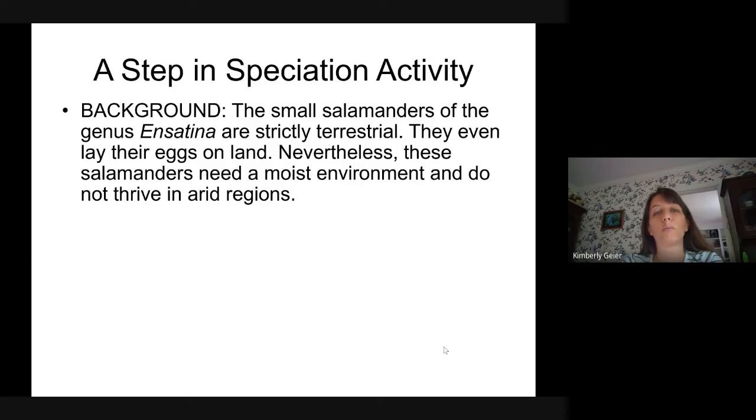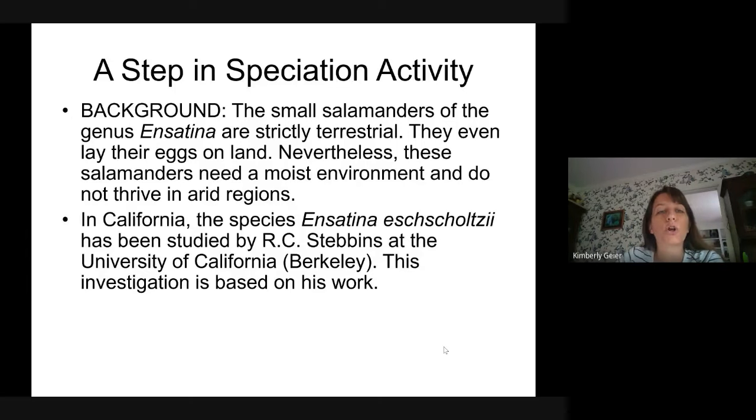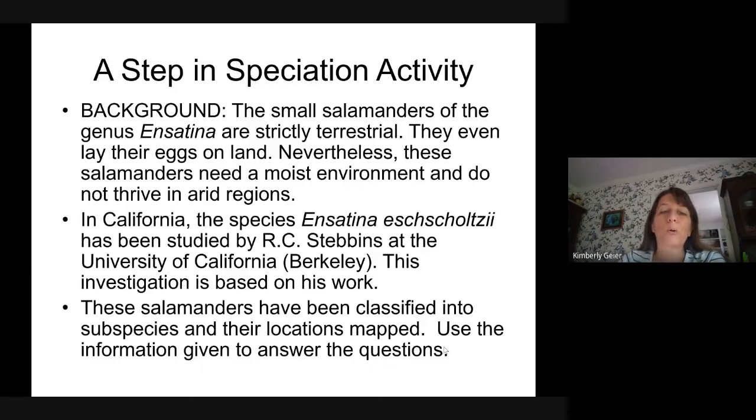They do need a moist environment, though. They don't thrive in very dry conditions. So, this species of salamander has been studied by a researcher at UC Berkeley, and this is all based on his data. So, we're going to have a map of California and where these salamanders have been identified, and we're going to work on answering some questions.